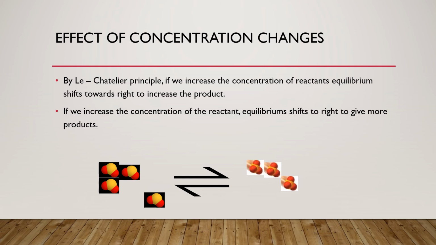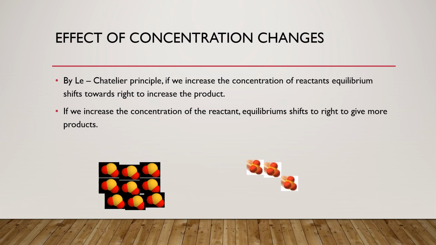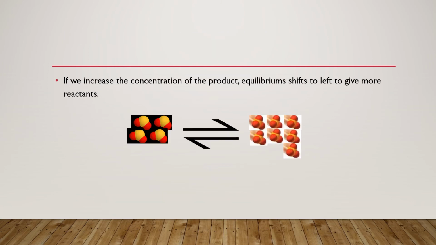If we increase the concentration of reactant, the equilibrium shifts to the right. It gives more product, so that it can reduce the reactant side to maintain the equilibrium. In a similar way, if we increase the concentration of the product, the equilibrium shifts towards the left to give more reactants.